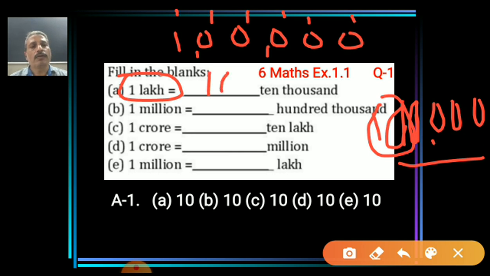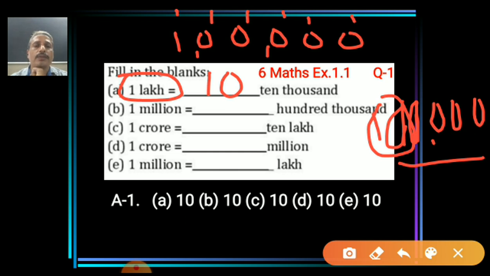For this, I want to give one small example. One student has a 100 rupees note. How many notes does that student have? Only 1. Second student has 10 notes of 10 rupees. How much is the total rupees the second student has?